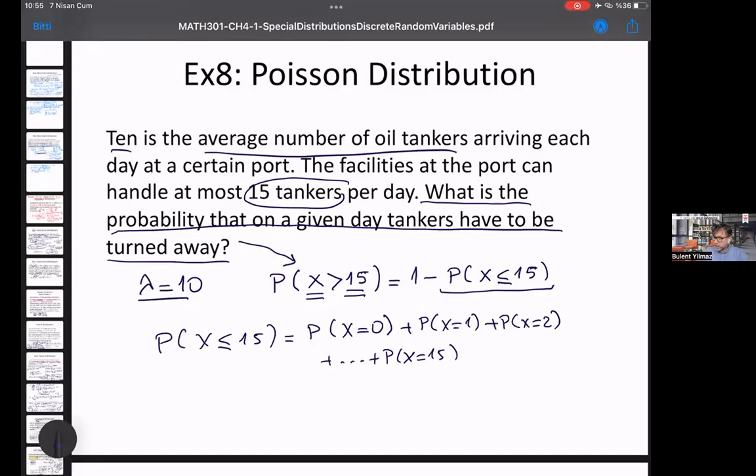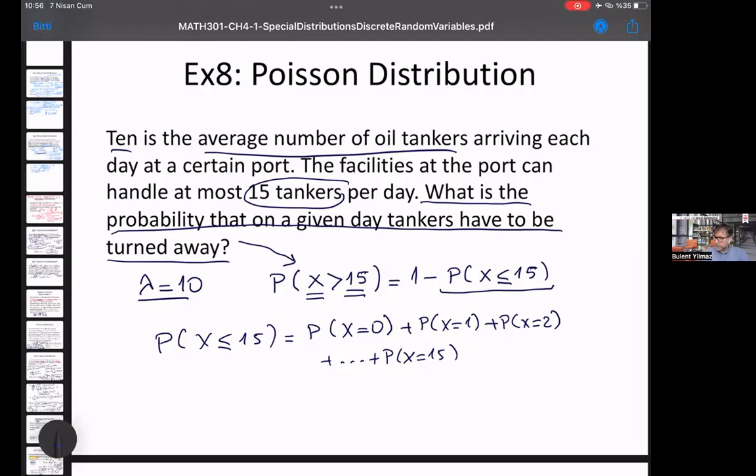So it is possible to have all tankers handled in one day. If I subtract this value from 1, I get the probability of tankers being above 15, like 16 tankers will come, 17 tankers will come, and some of them will have to be turned away. So they have to leave.